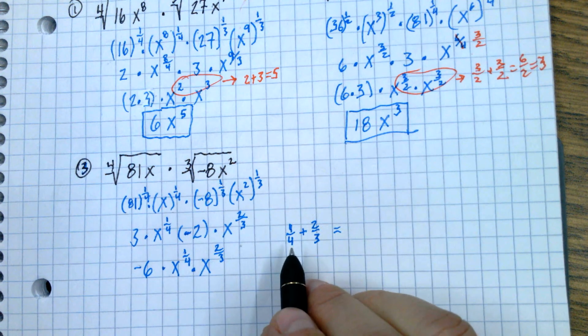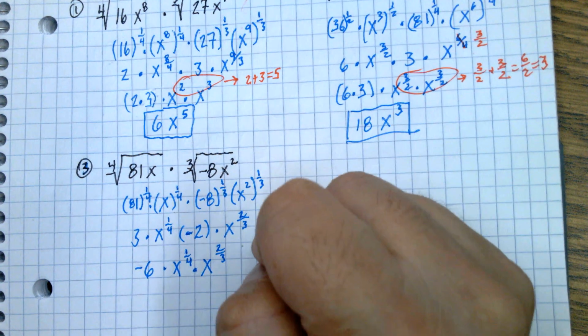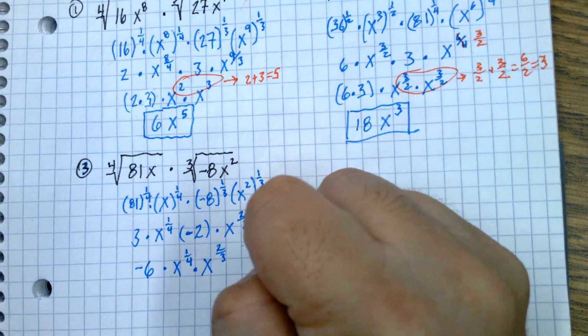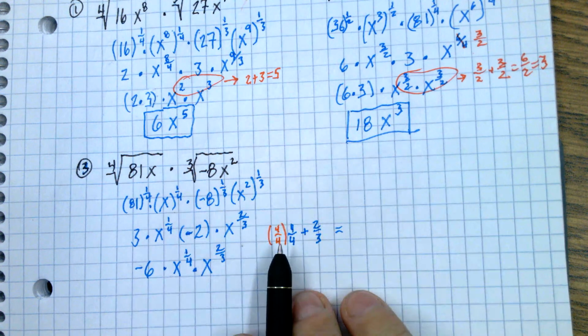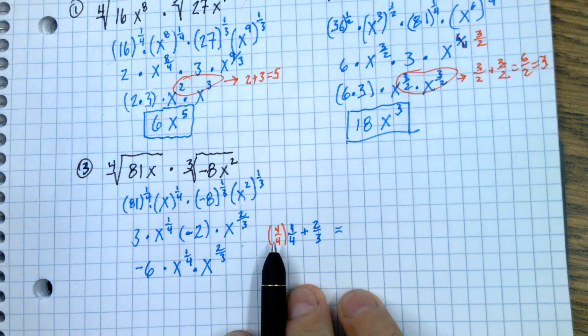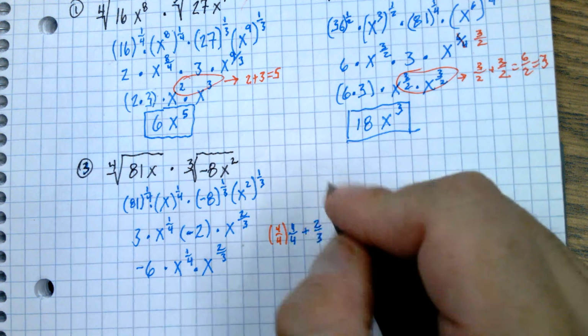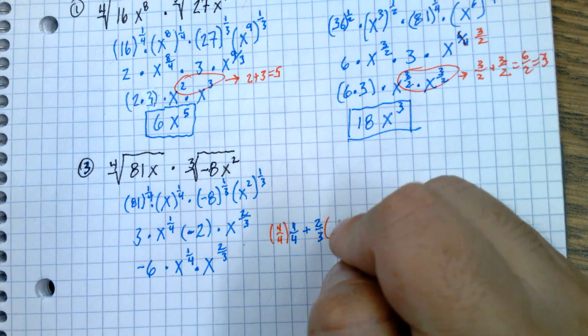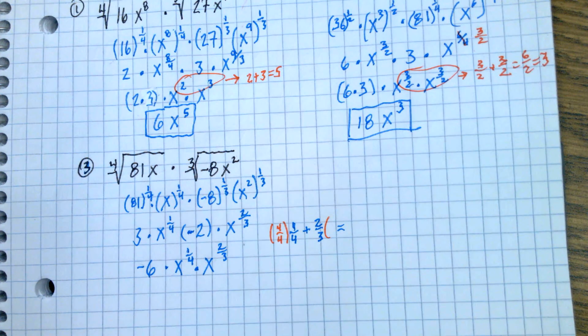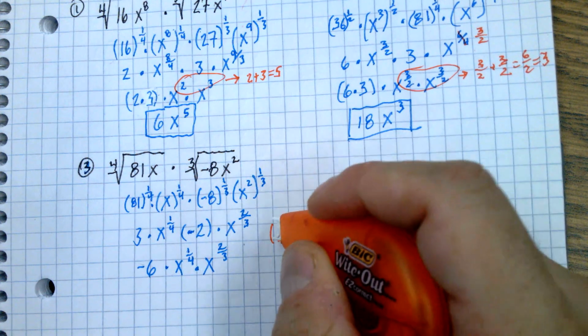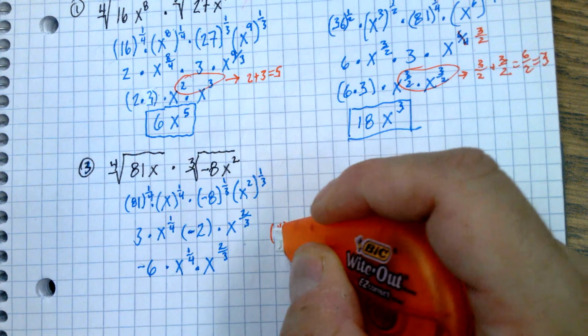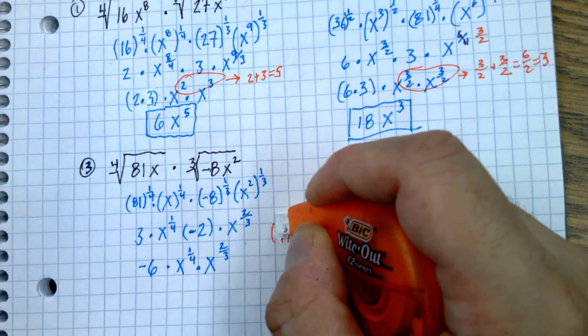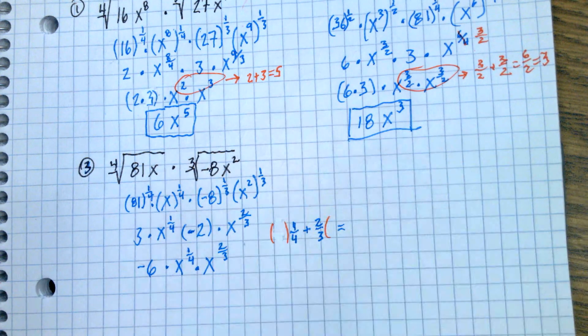So we have to figure out how to get 12 for each of these. So 4 times 3. So I'm going to multiply by 4/4, right? 4/4 is 1, so I'm really not changing anything. And then I'm going to do the same thing here. Oh, I made a mistake though, didn't I? I don't want to multiply by 4 because that won't get me 12. I want to multiply by 3/3.